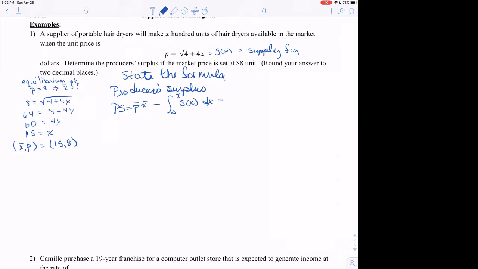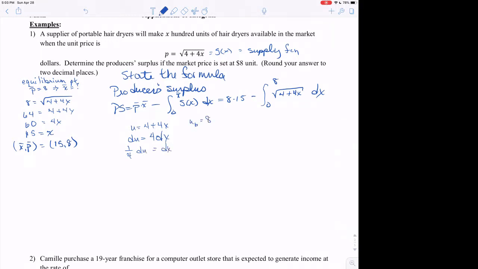So that's 8 times 15 minus the integral from 0 to 8 of the square root of 4 plus 4x dx. All right. So right here, we're going to let u equal 4 plus 4x. So then du equals 4 dx. So that's 1/4 du equals dx.